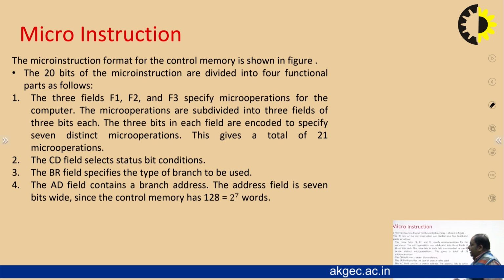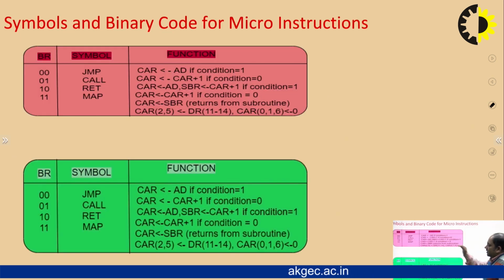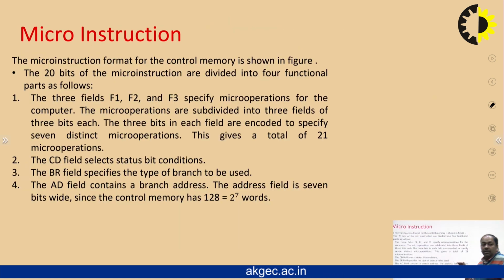Then the CD field and the BR field are for branching: they specify the type of branch to be used and the status bit. The address field contains the branch address and it is up to 128 words, so it contains 2 raised to the power 7 words.